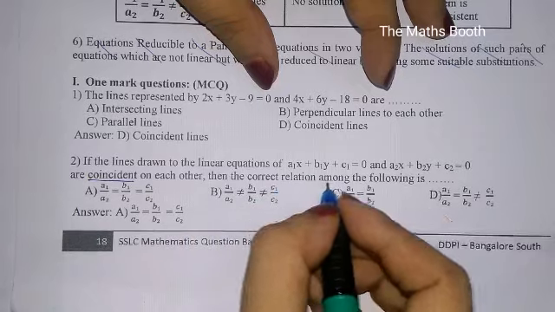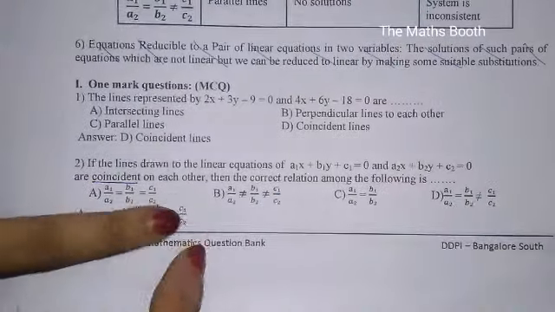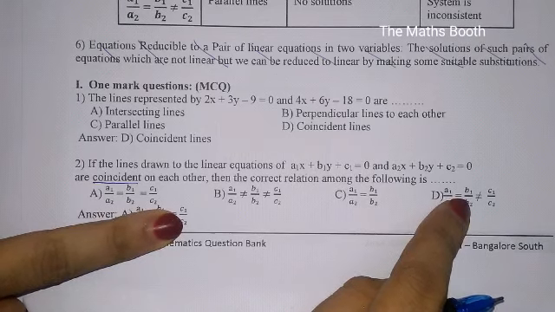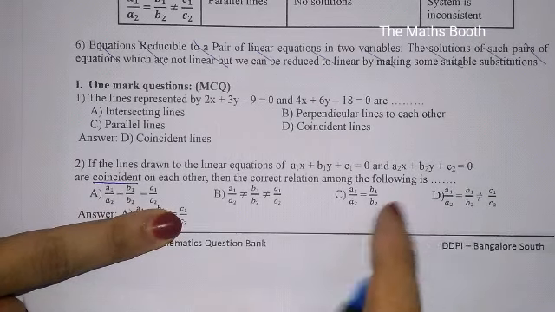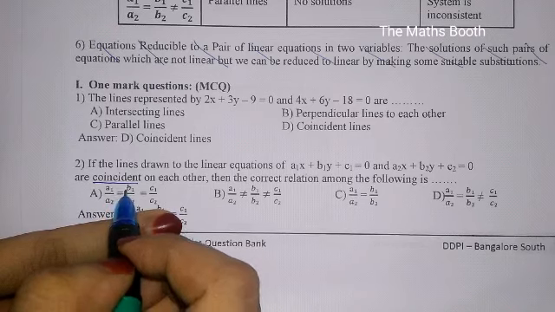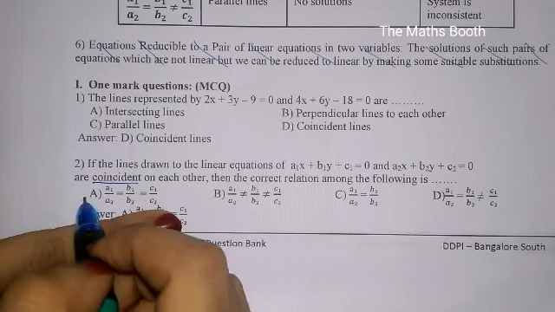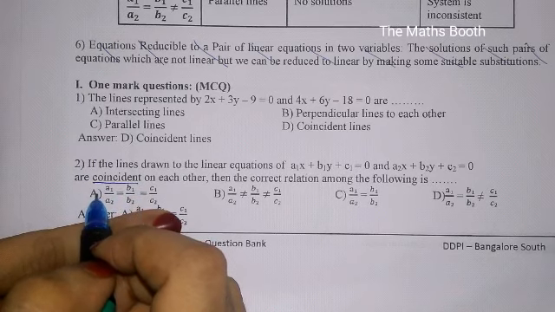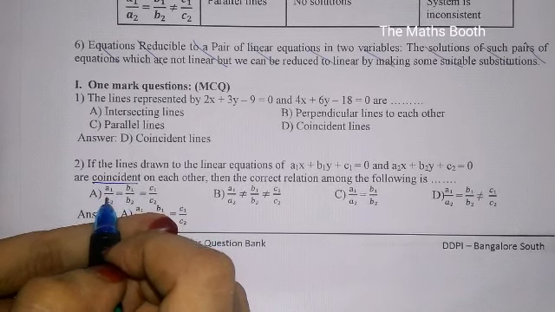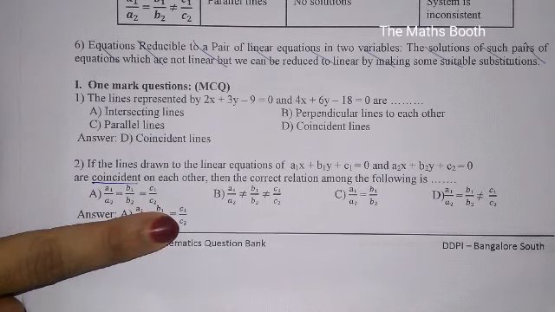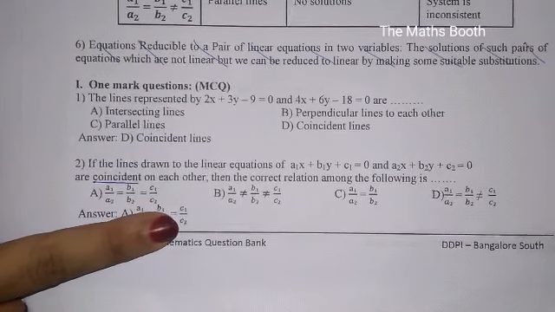Then the correct relation among the following is, they have given 4 options. Just now we have seen that coincident is nothing but a1 upon a2 equal to b1 upon b2 also equal to c1 upon c2. So the correct option is the first one. This is about the coincident line.